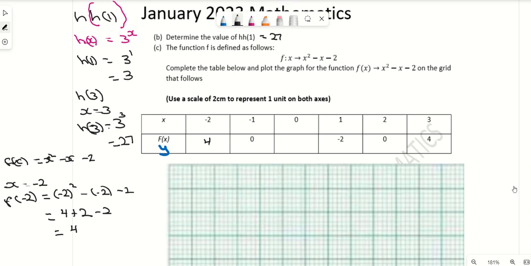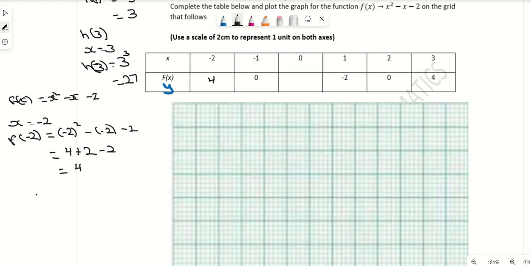All right. Then we're going to do the second part. They said, because they already gave us the values for the others, we need to find out when x is equal to 0. So when x is equal to 0, that just means that wherever we see x in the f of x equation, we're going to put 0. So f of 0 would be 0 squared minus 0 minus 2.